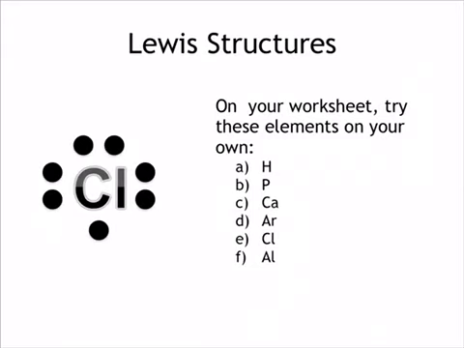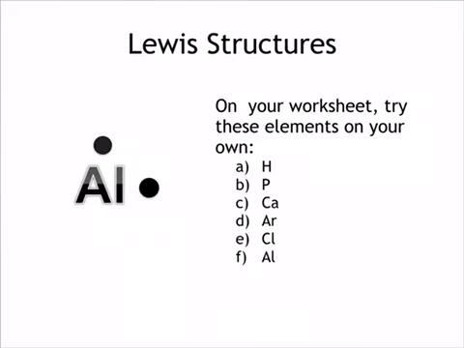Okay, it's a lot nicer and neater than our big drawings with our arrows for representing electrons in the different orbitals. Aluminum has 3 electrons. And following this pattern, you can complete your worksheet.